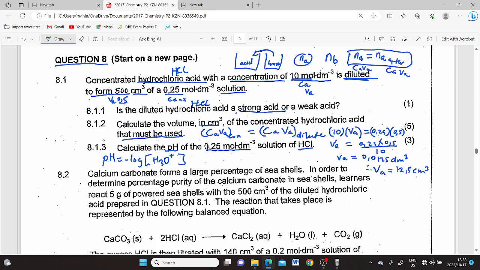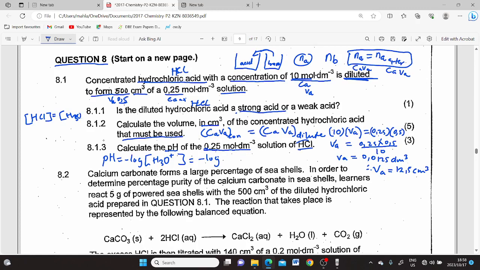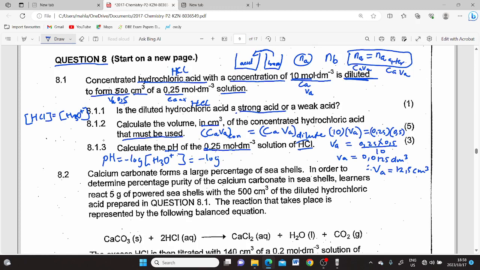Because it's monoprotic, the concentration of HCl is the same as the concentration of the hydronium ions, so it's 1:1.